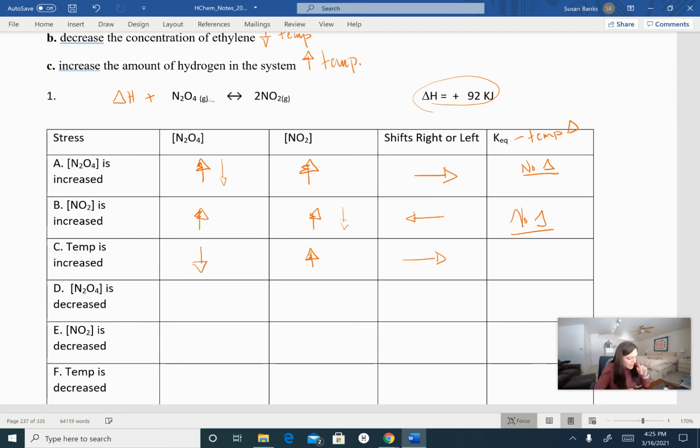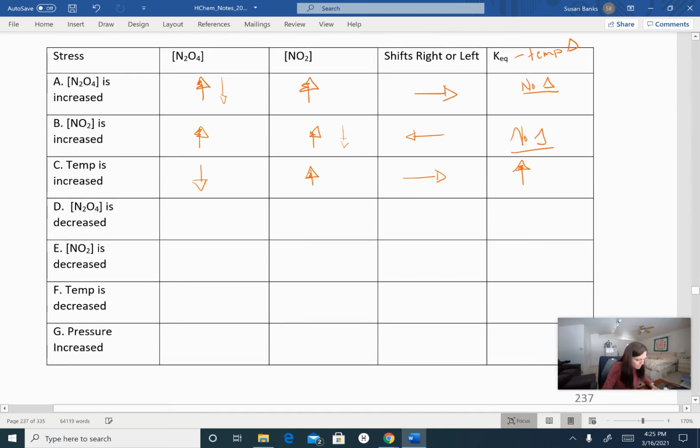And remember, this is a temperature change. Remember, we have products over reactants. That means my equilibrium constant is actually going to get bigger because I have more products now and fewer reactants. So my equilibrium constant is going to get bigger at a higher temperature.